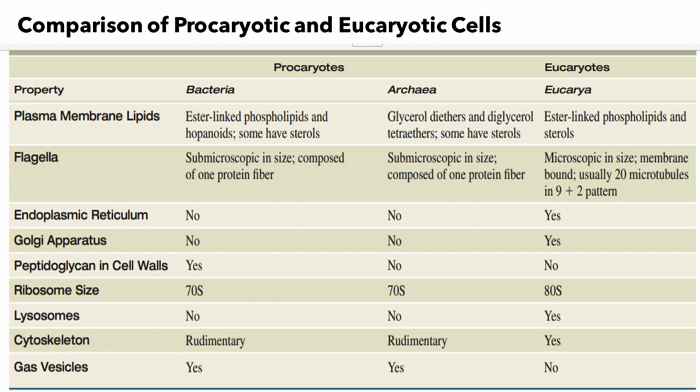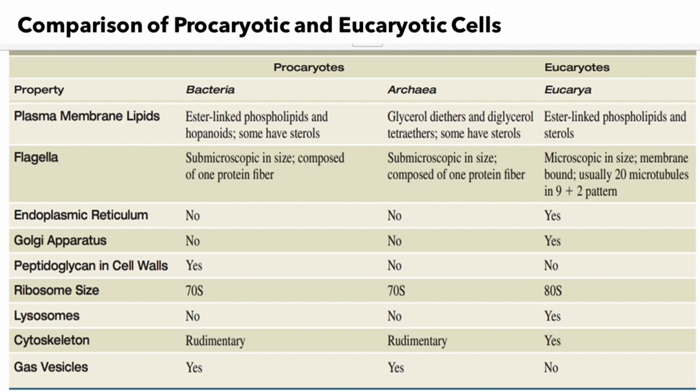Peptidoglycan in cell walls. Absent in archaea and eukarya, present in bacteria. Ribosome size. Similar in bacteria and archaea, about 70S, and 80S in eukarya.